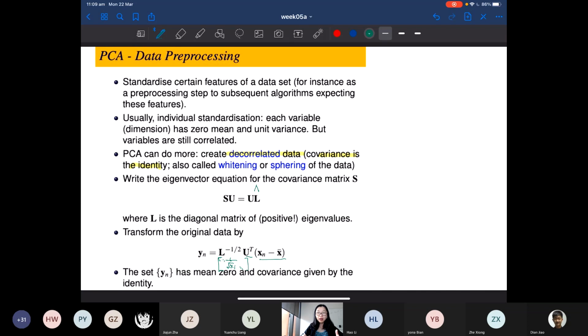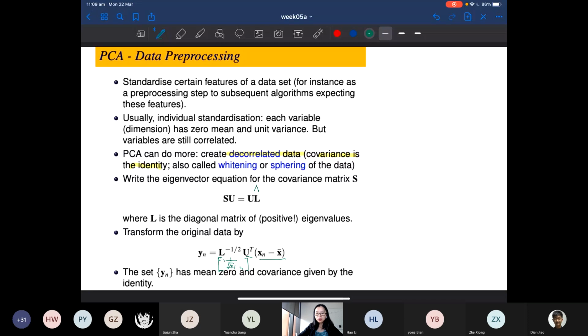Right, as you can see, from the geometric projection picture, we remove the mean from the original data set, rotate it or project it to the new coordinate system, and then scale it by 1 over square root of lambda.